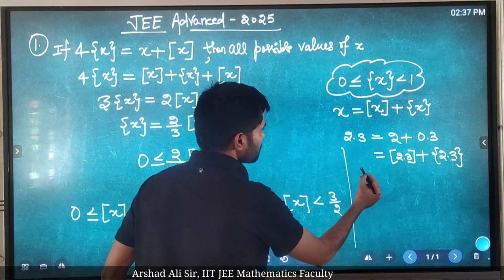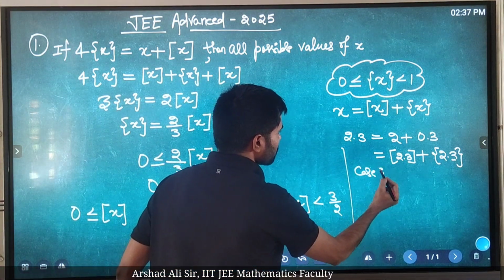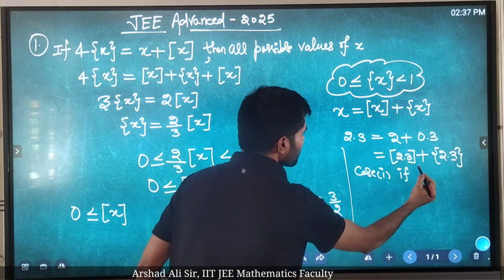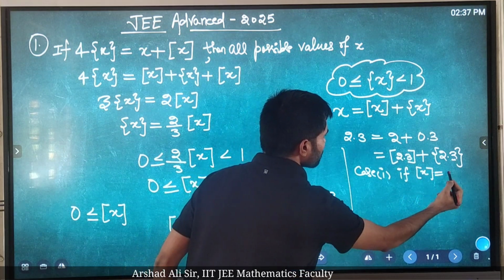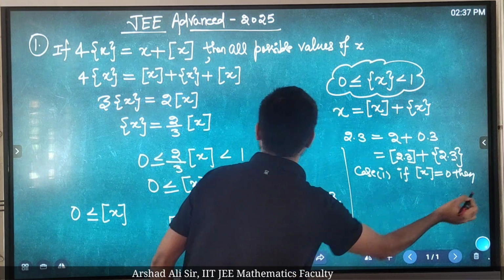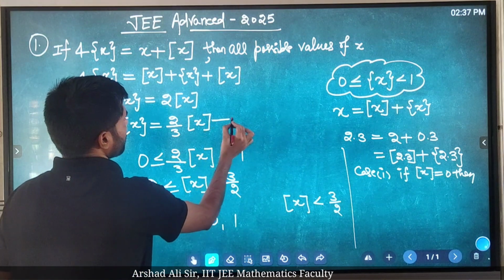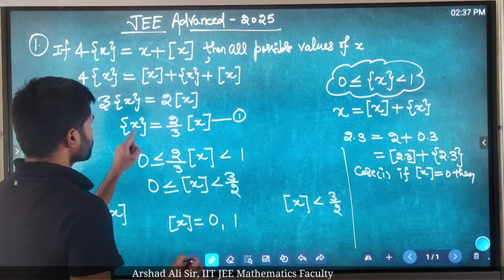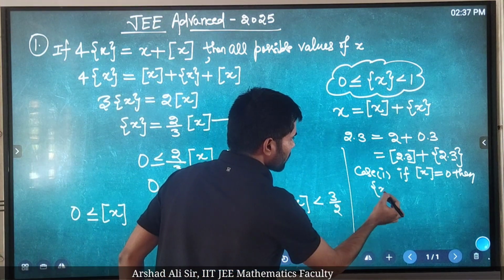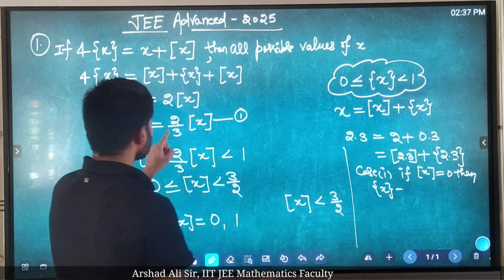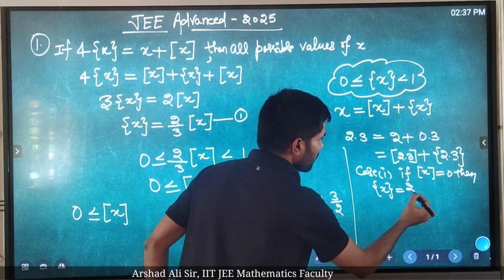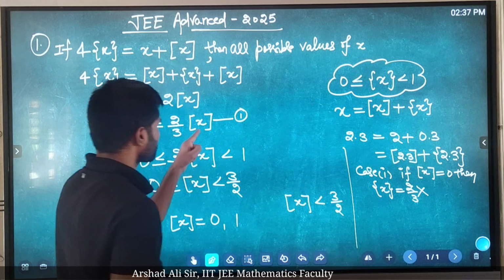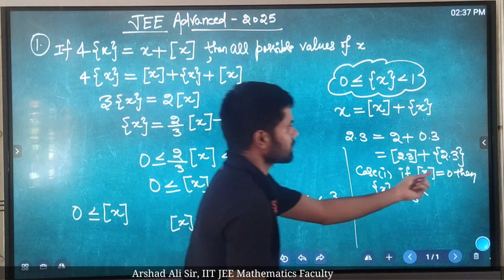Case first: if the greatest integer of x is equal to 0, then think about this equation, let's suppose equation number 1. What is the value of the fractional part of x? The fractional part of x will be 2 by 3 multiplied by the greatest integer of x, which is 0.